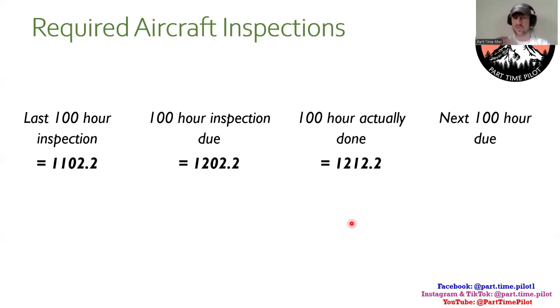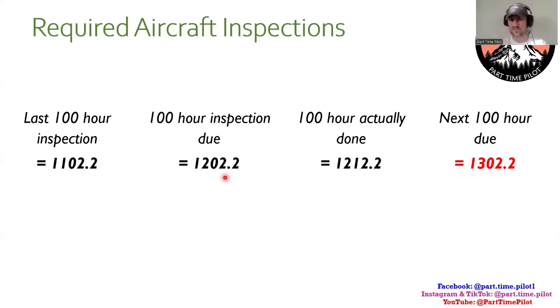All right, so the tricky part that students get tripped up on is when the next 100-hour would be due. Would it be due 100 hours from this time, the 1212.2, or would it be due 100 hours from this time, the 1202.2? And the answer is it's 100 hours from the 1202.2. The FAA says that you must include the extra hours you overflew the last inspection date in your calculation.